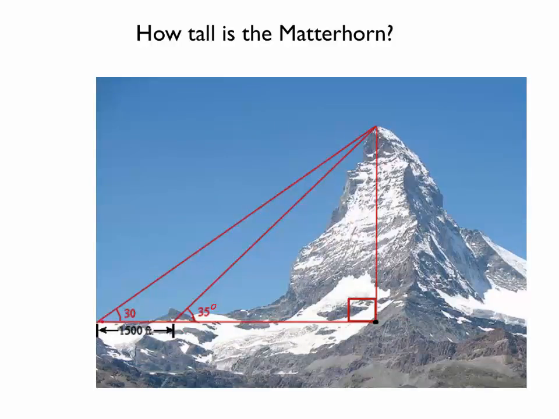And then you can move away. So they've moved away 1,500 feet, and they took a second reading of the angle measure, and they got 30 degrees. And so from this information, we're trying to figure out how tall this mountain is.